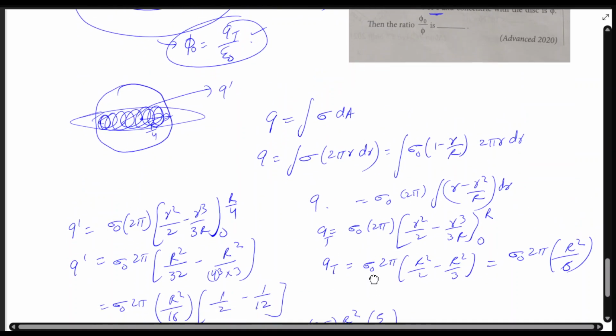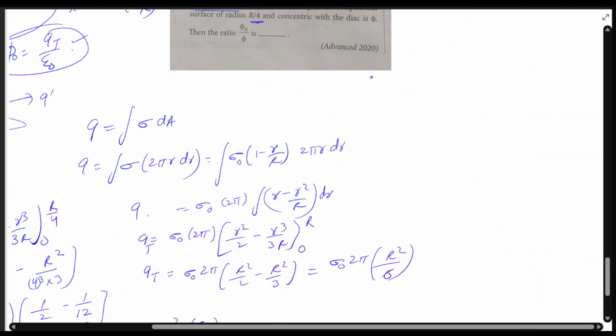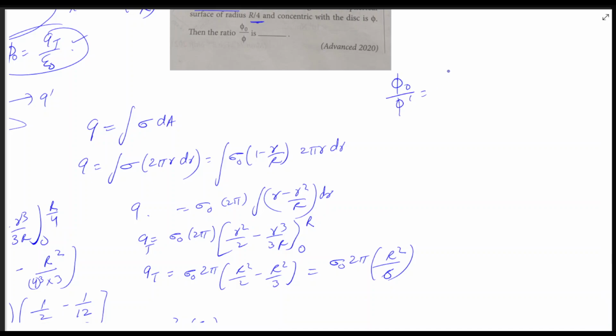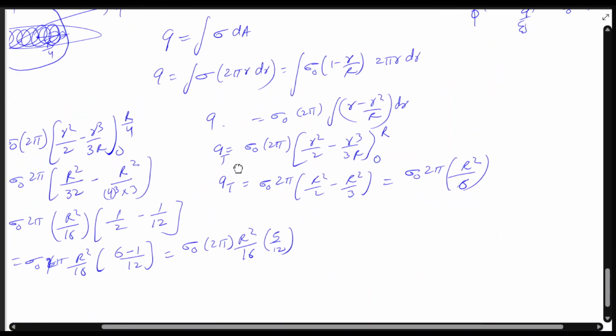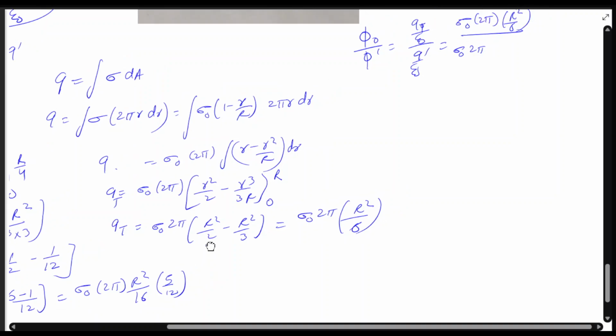Right? So we have to divide the flux. So flux phi naught by 5 will be Q total by epsilon naught upon Q dash by epsilon naught. So simply we have to divide these. So it will be rho naught 2 pi r square by 6 divided by rho naught 2 pi. What do we get? 5r square by 16 into 12.